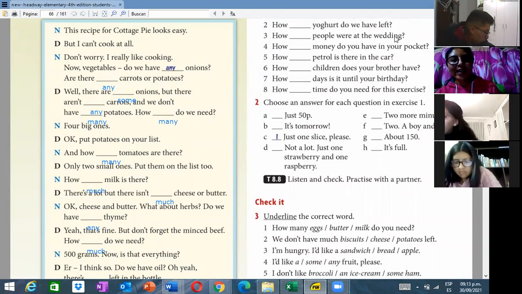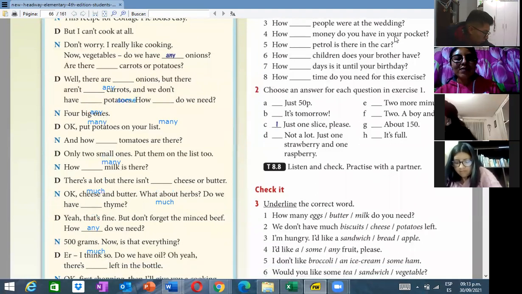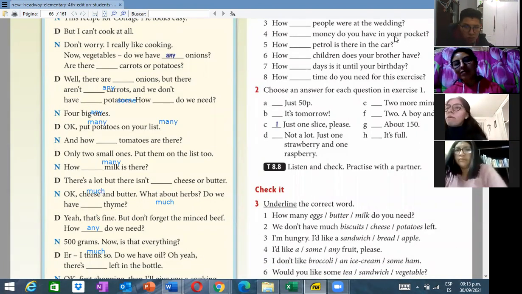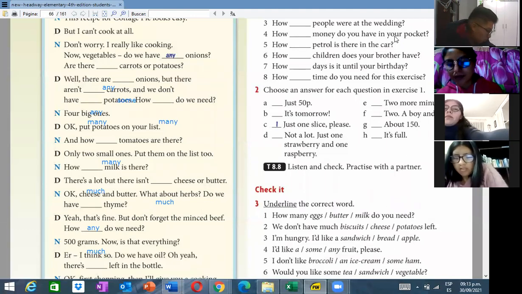Oh yeah, there's some left in the bottle, right? Sí, hay algo disponible. A eso se refiere este left, okay? Very good. There is some left. Hay algo un poco disponible todavía, ¿no? There is some left in the bottle.